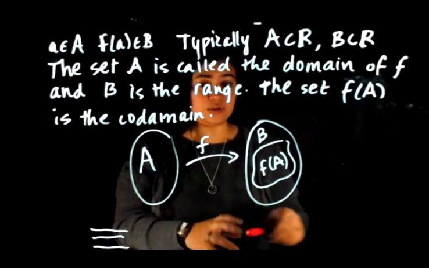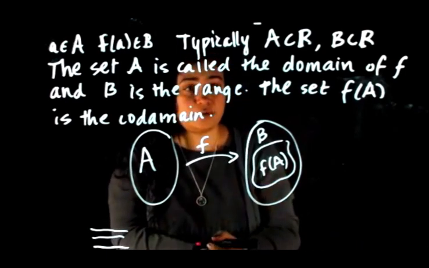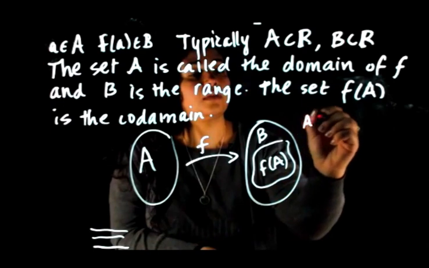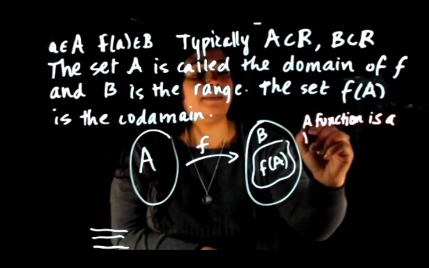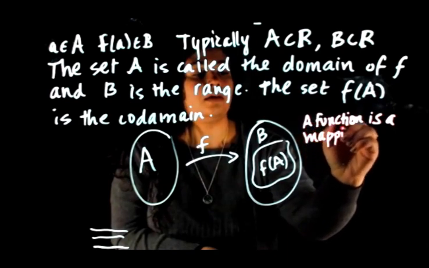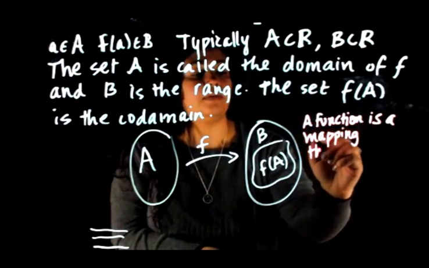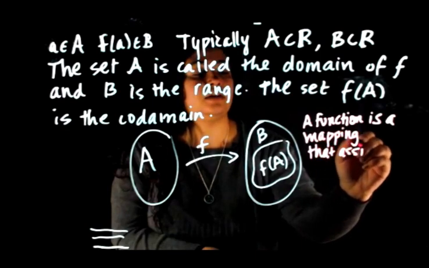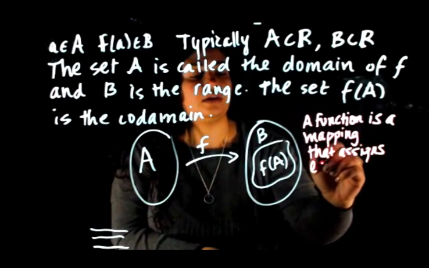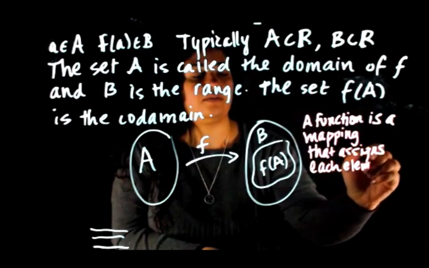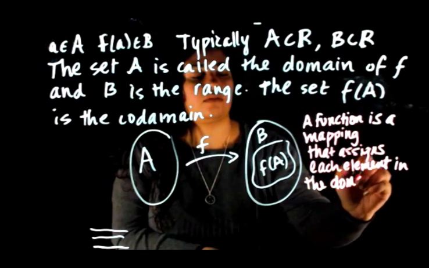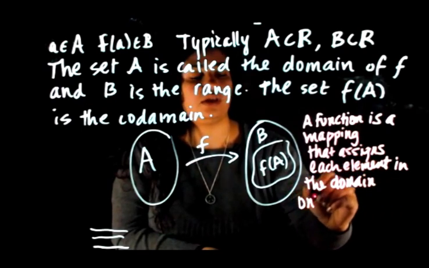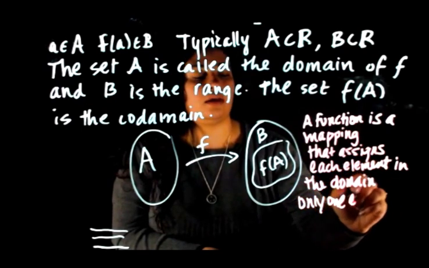Another definition that folks like to use for function: a function is a mapping that assigns each element in the domain only one element in the range.